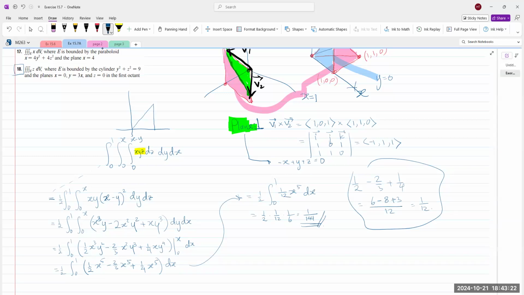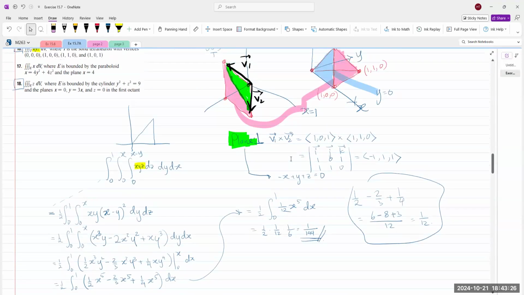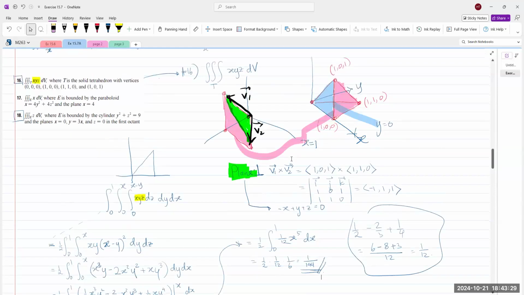Okay, that's for number 14. Now notice that you are not able to do this integration if you cannot set it up, and you will not be able to set it up if you don't know how to get this green plane. Finding the equation of a plane is something we learned before test 1, so it showed up in test 1, shows up again in this section, and it will come again and again and again.